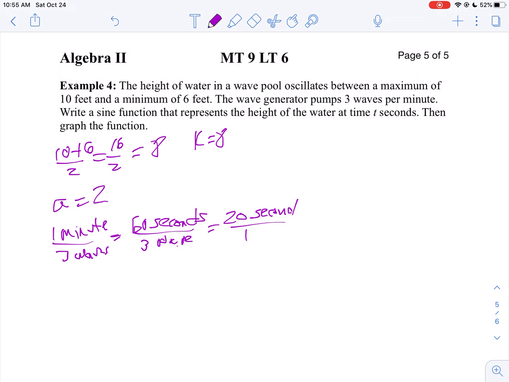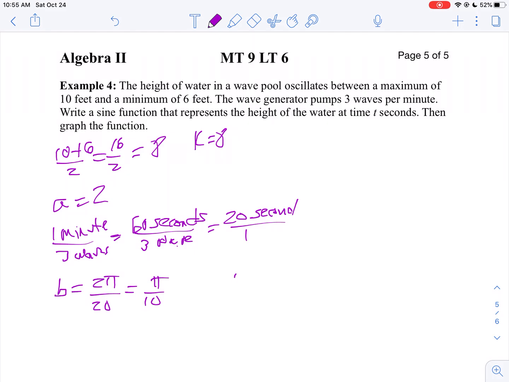But then I want to find B, so B is 2 pi divided by my period. So 2 pi divided by 20, which is going to be pi over 10. So that's my value of B. Now let's write our function.